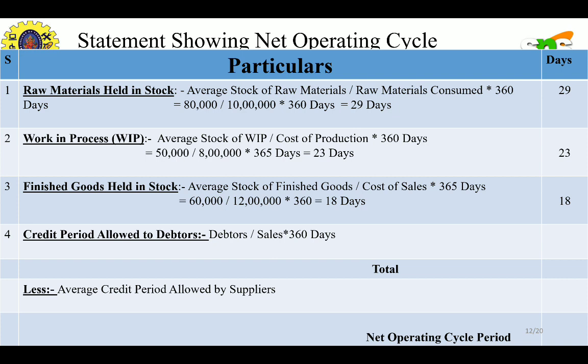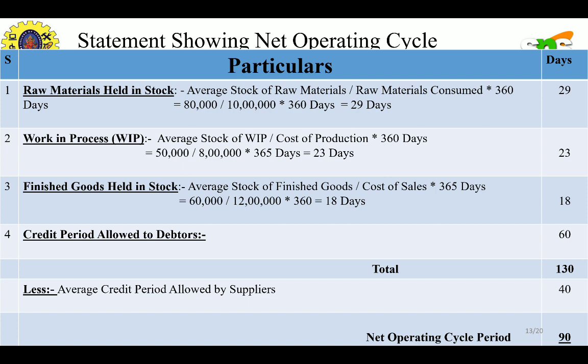The next one is credit period allowed to debtors. The formula is debtors divided by sales into 360 days, but the credit period allowed to debtors is given directly as 60 days in your question itself. Finally we make a total of raw material, work in progress, finished goods and debtors: 29 plus 23 plus 18 plus 60. We get 130.